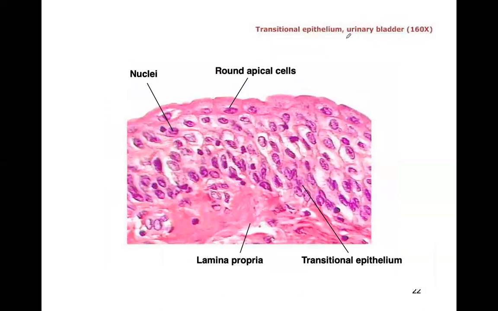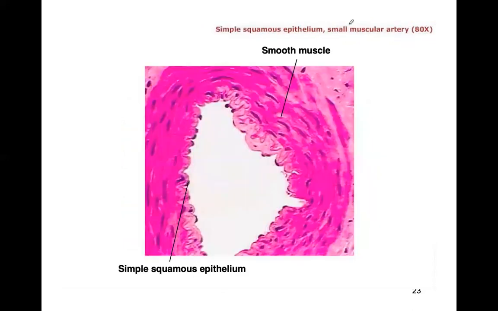Here's another one, urinary bladder. We see some that are flatter, and then we see some that are cubed. Again, the hint is knowing where the tissue is coming from, and typically we'll throw you that hint there, urinary bladder. Or we'll see ureter or urethra, that's transitional.